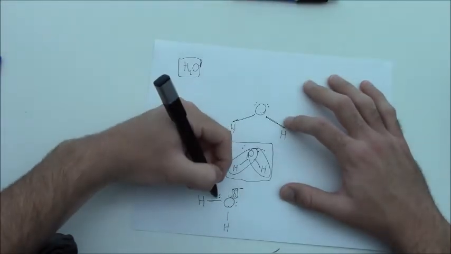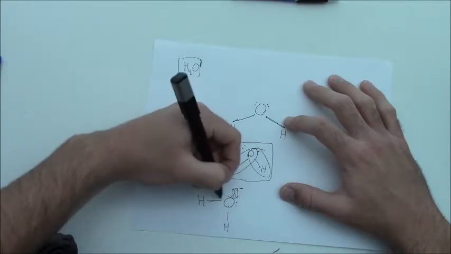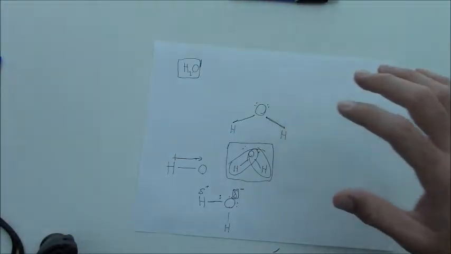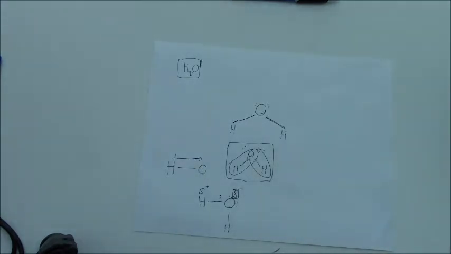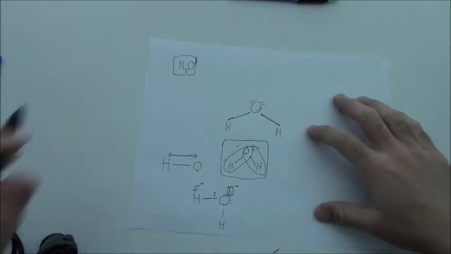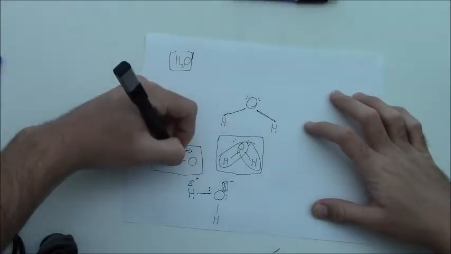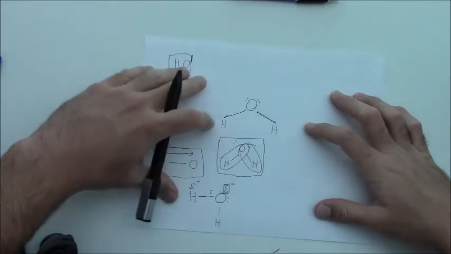As you might imagine, since electrons are farther away from this hydrogen, it will become partially positive. This is the basis of hydrogen bonding, which we'll cover in a much later series, but it's also very important in our study of chemistry. So this is a polar covalent bond, where the electrons are not shared equally.